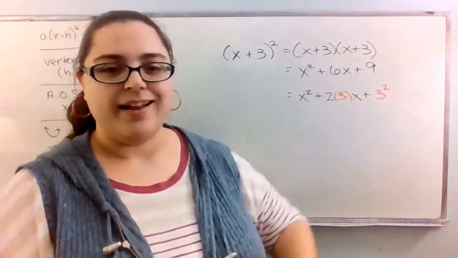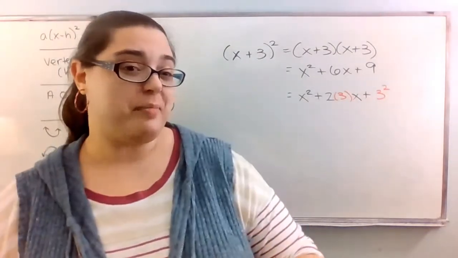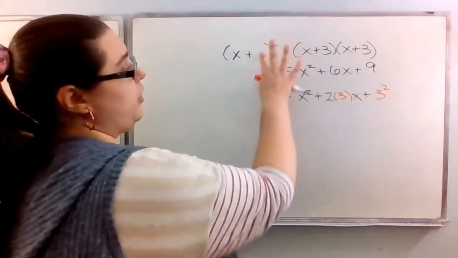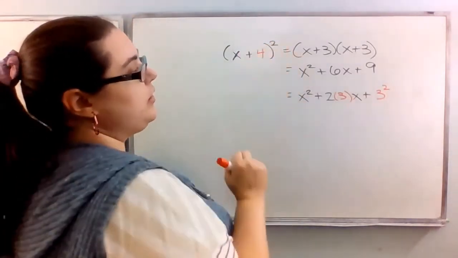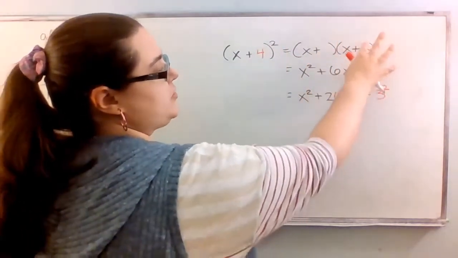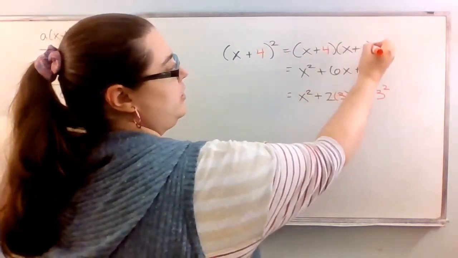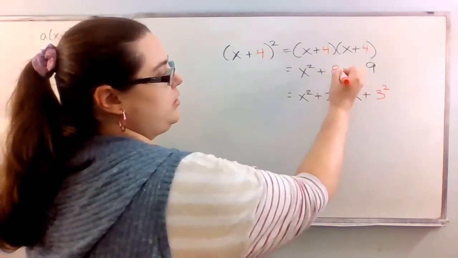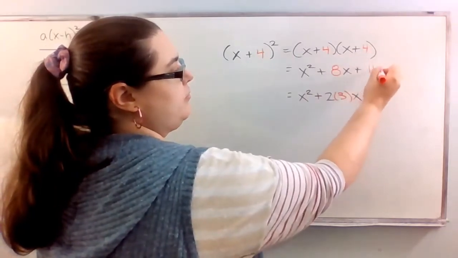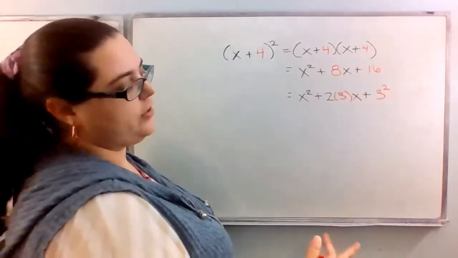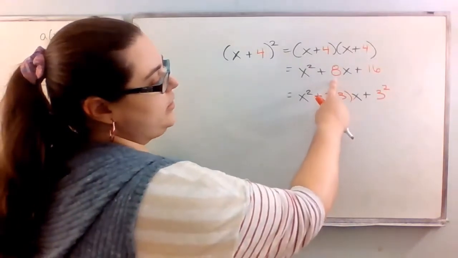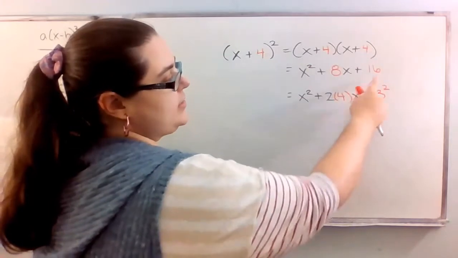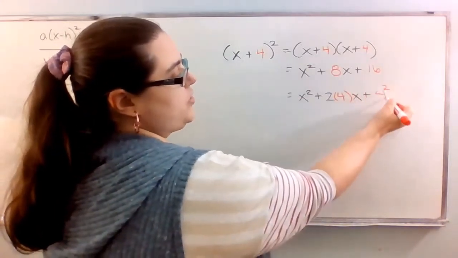It turns out that it doesn't really matter that this was 3. If this had been 4 instead, I would have x plus 4 times x plus 4, and I would have gotten an 8 here, and then a 16. What's cool about this is that 8 is the same as 2 times 4, and 16 is the same as 4 squared.